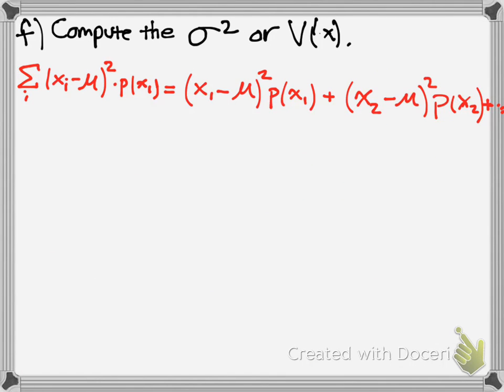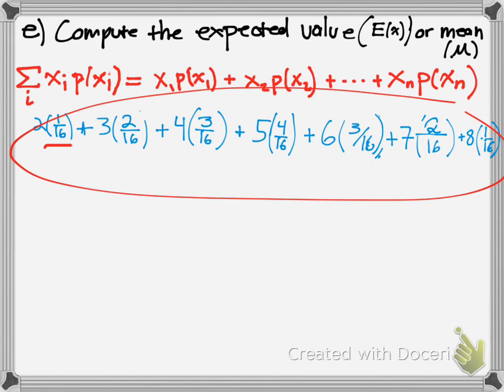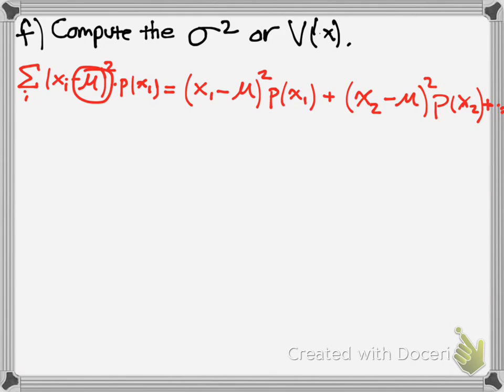Same thing, kind of, if you're asked to compute the variance, or V of x, you'd follow this formula. And mu, we're going to identify with this number here. I'm not going to compute it. But pretty much you can just write this entire formula, except the x values are going to be 2 through 8, so it would be 2 minus mu squared times the probability, which was 1 16th.